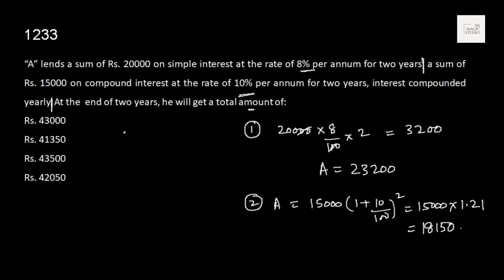So the total amount he would receive is 23,200 and 18,150, that is 41,350. 41,350 is there in option B.